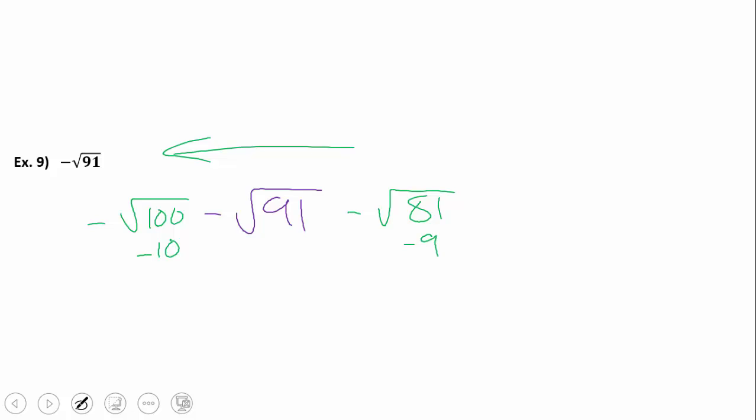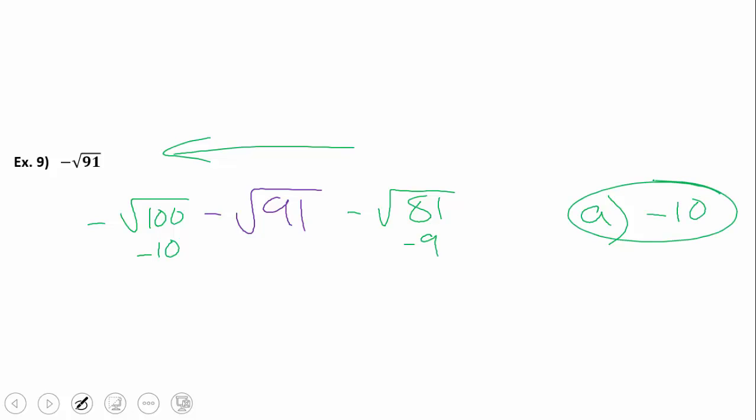Right? Outstanding. So, knowing that, to the nearest whole number, A, which one is it closer to? The negative square root of 81 or the negative square root of 100? Well, it's 10 away from 81, it's 9 away from 100, so it's slightly closer to negative 10.